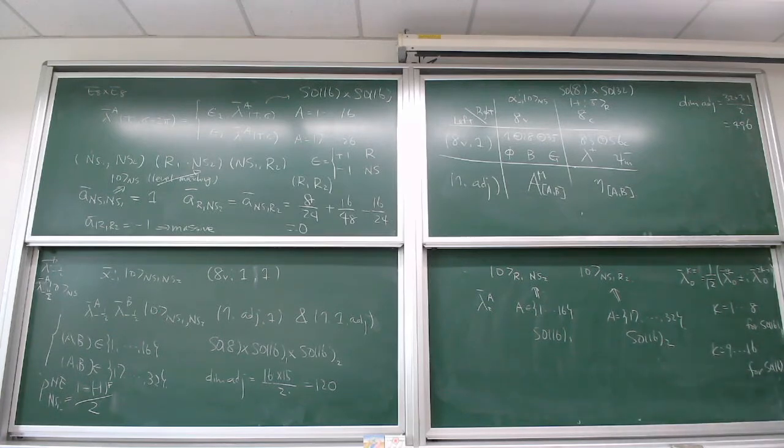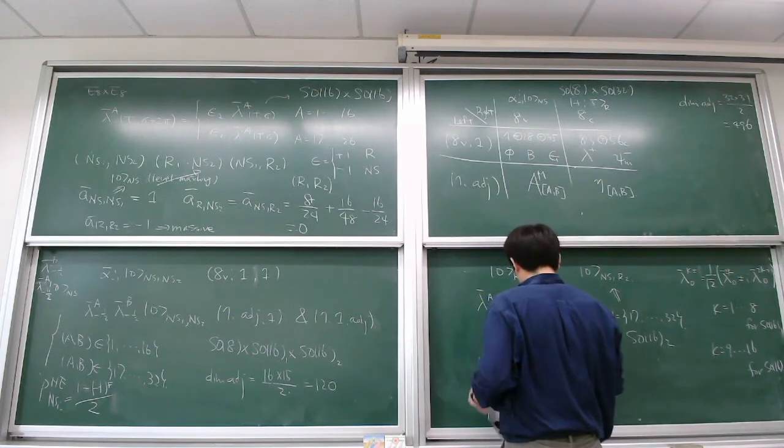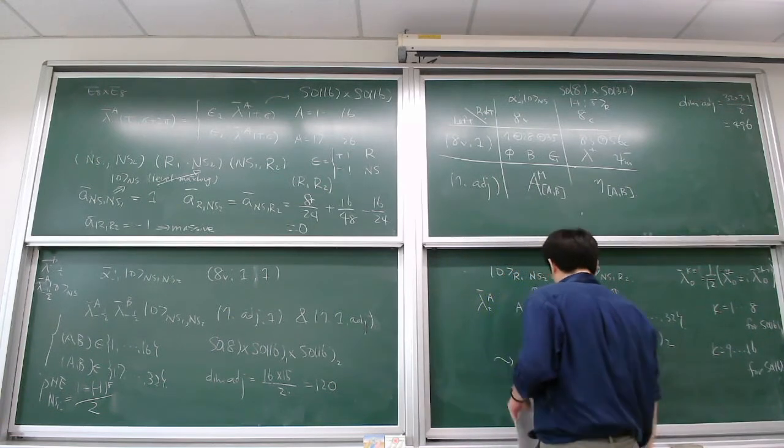Then these creation and annihilation operators act on the vacuum, so at the end of the day this will give you 2 to the 8, which is 256 states.